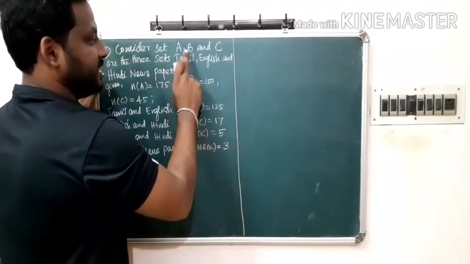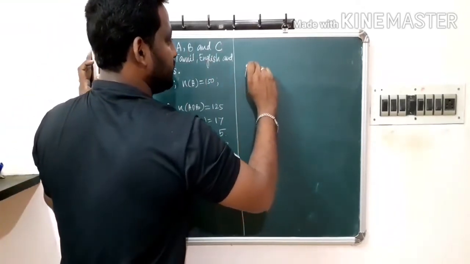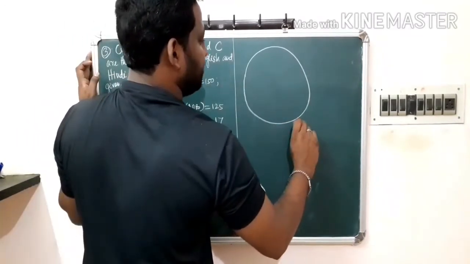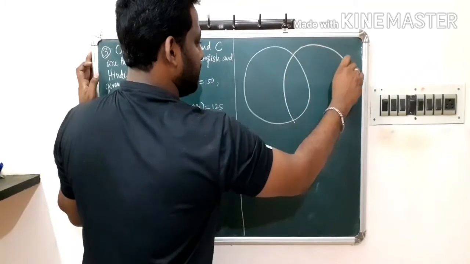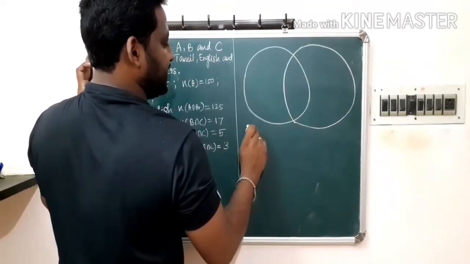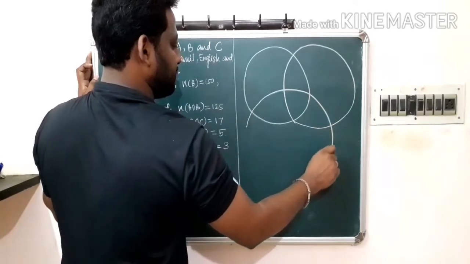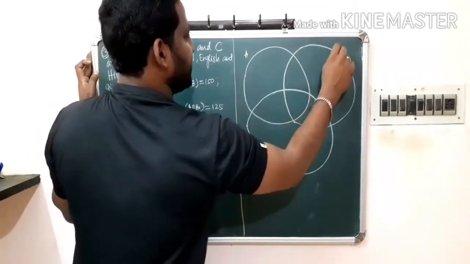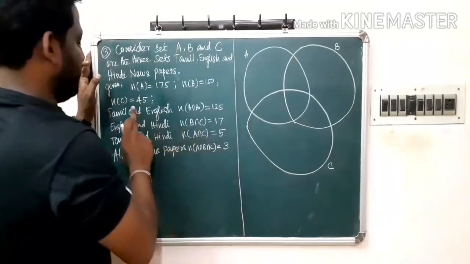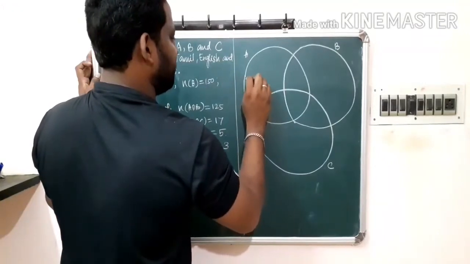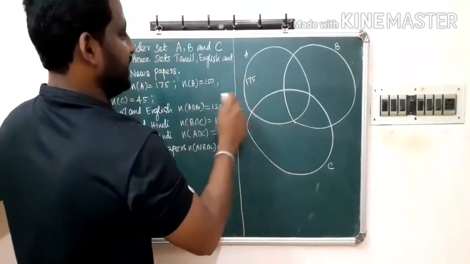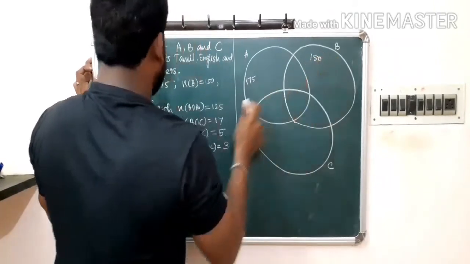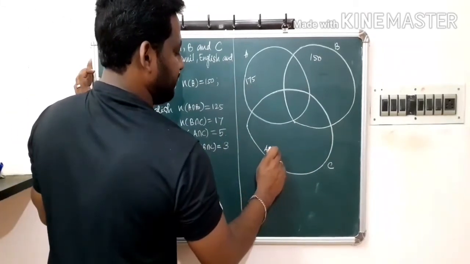First of all, how many sets are there? 3 sets. So set A and set B and set C. Set A, set B and set C. So n of A is given as 175 and n of B is 150 and then n of C is 45.